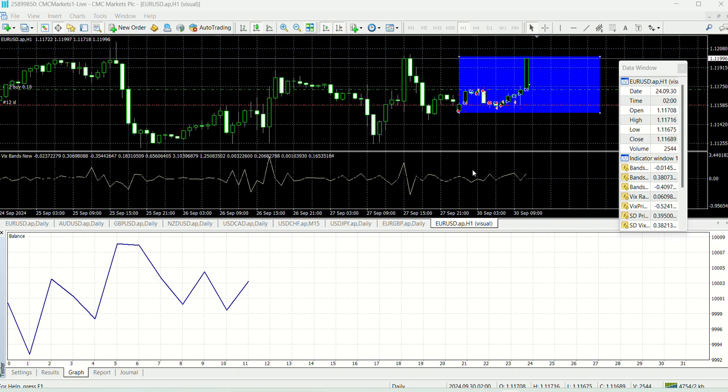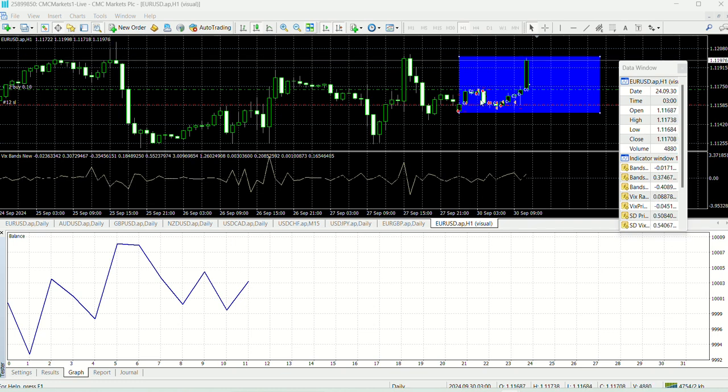So we are looking at only one day's history here. This blue rectangle area is a 24-hour day, which will comprise 24 such candles. So we are kind of midway. The market was volatile on that day.